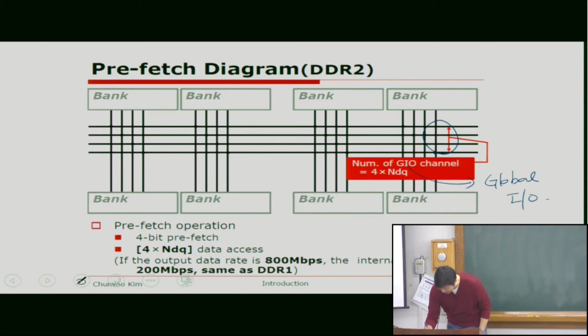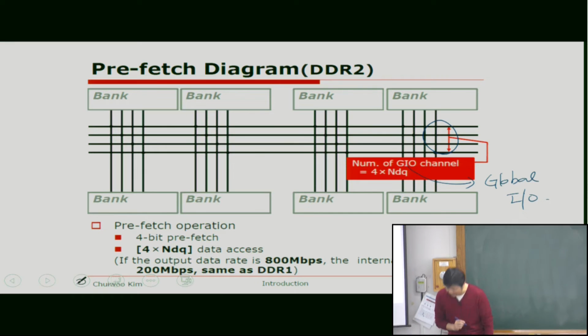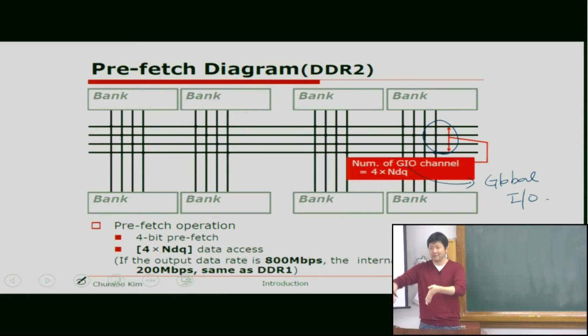If you assume an X8 device, then you have 8 pins used for providing the read and write data. Only 8 pins. By the way, this 8 is the number of DQ pins: DQ0, DQ1, up to DQ7. So we have 8 data pins here.